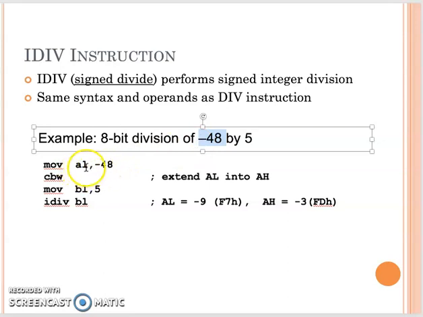Or copy -48 to AL and call CBW, which extends the sign bit into AH. After IDIV, the quotient is in AL and the remainder is in AH. So for 8-bit division you might say, I don't really need CBW, I can just copy -48 to AX.